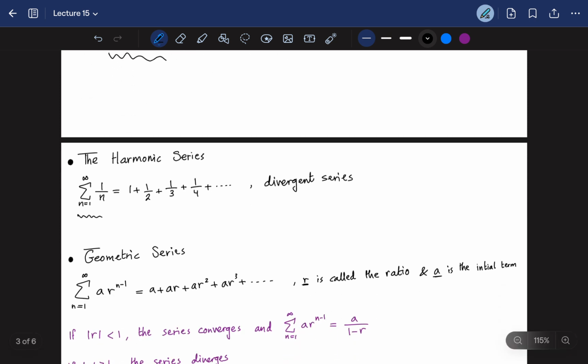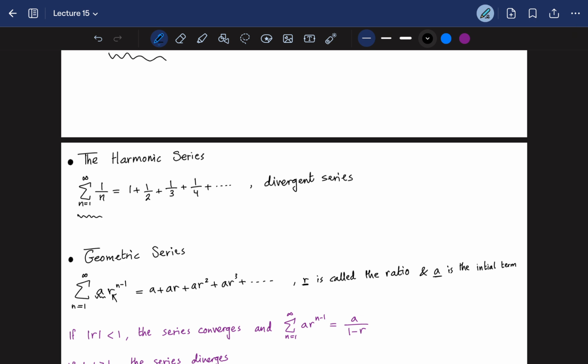The second type of series that we're going to talk about is the geometric series. So the geometric series has this general formula. I have the infinite sum of a multiplied by r to the n minus 1. We call r the ratio, and we call a the initial term.